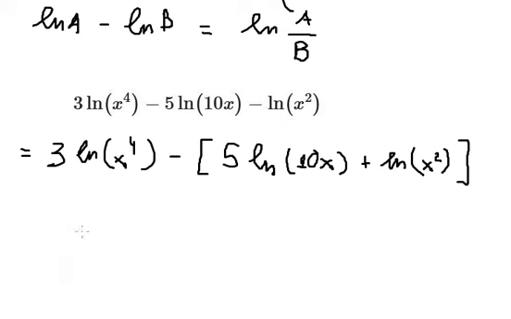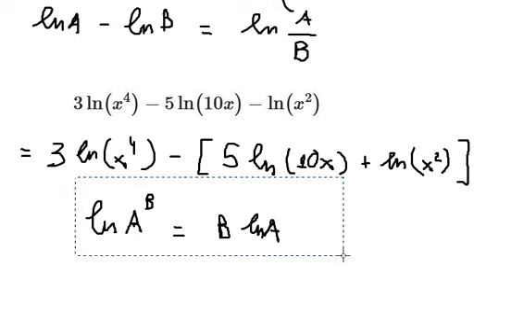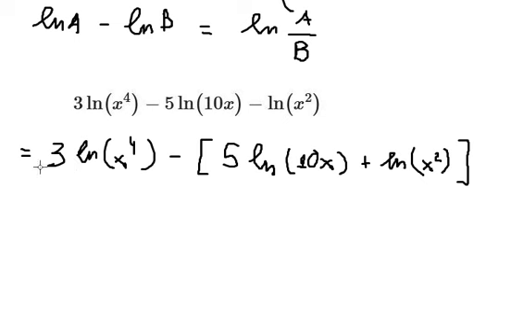That's it, this formula in here: ln A to the power of B equals B ln A. So number 5, that's B. Capital A, that's 10s. So we can do similar for this one.